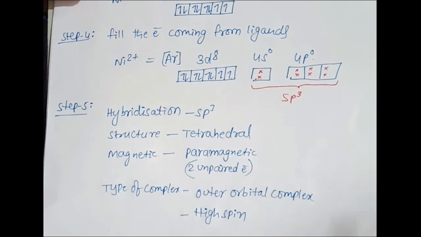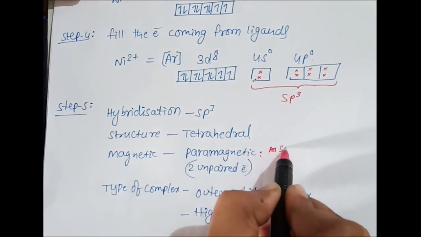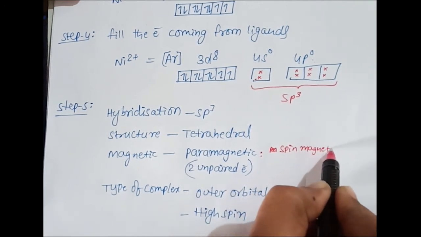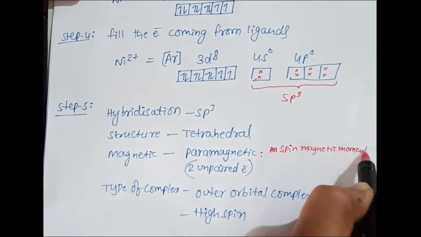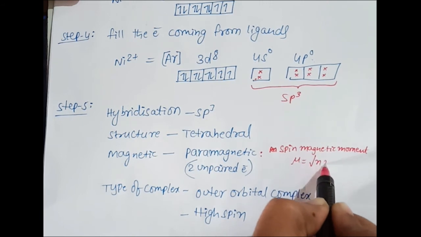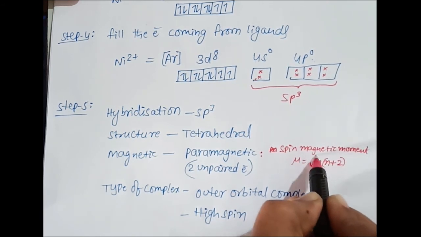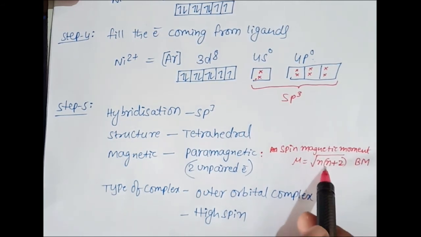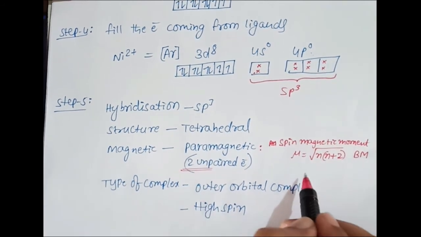Now, whenever there is paramagnetic behavior, there will be spin magnetic moment. Spin magnetic moment formula: mu is equal to under root n into n plus 2 Bohr magneton, where n is the number of unpaired electrons. How many unpaired electrons are here? It is 2.